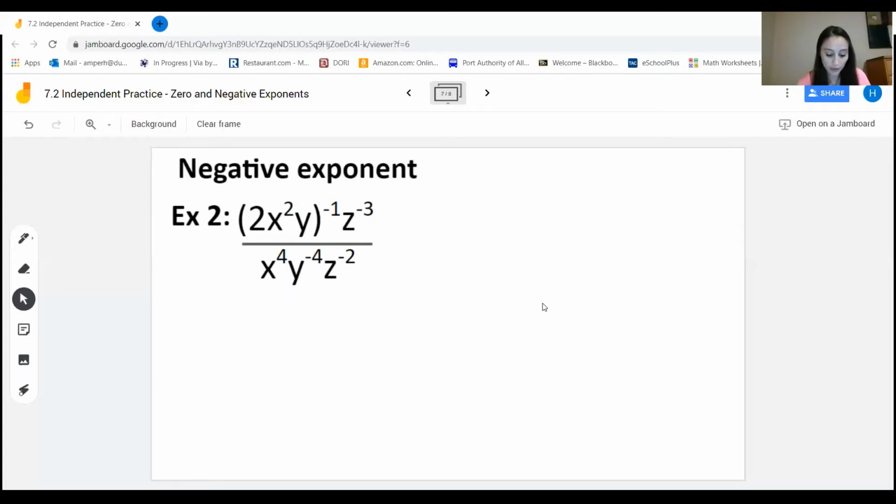we said that the first way is that we move our negative terms first and then carry out our subtraction of exponents. Because we have 2x² y, all to the -1 here, we are actually going to move that whole monomial.